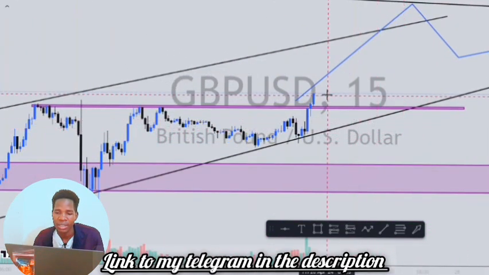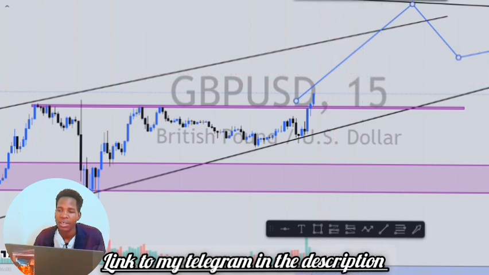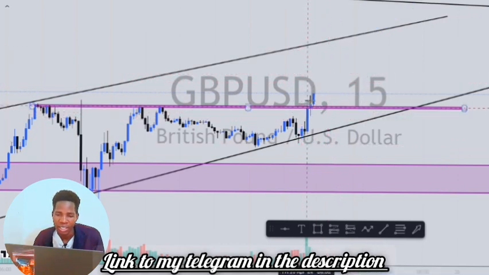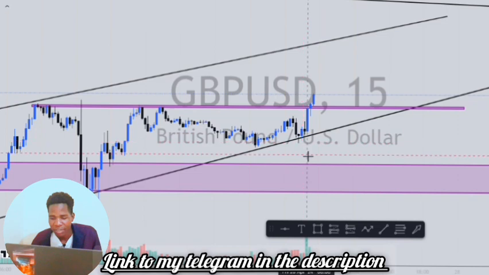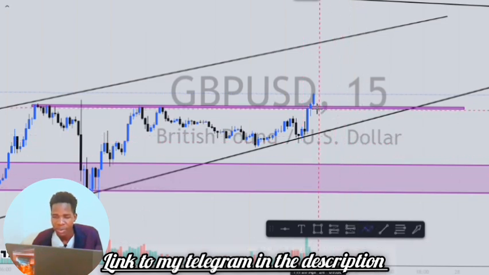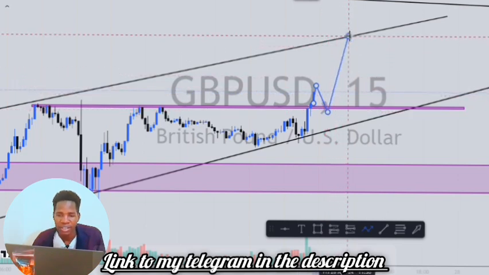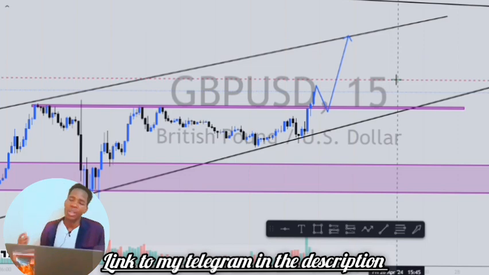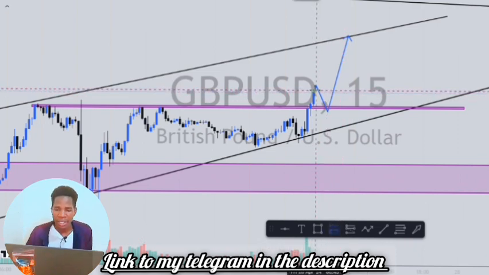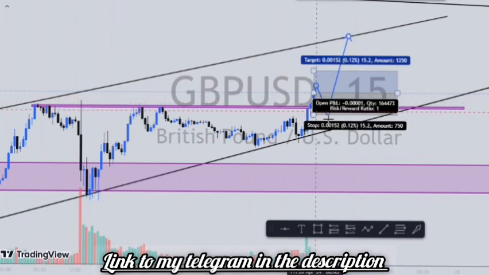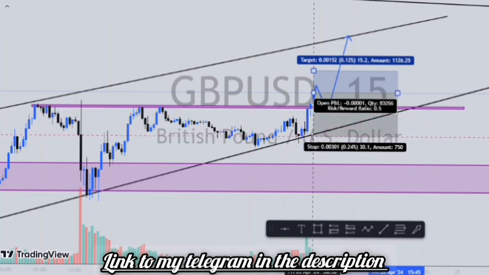As you can see, the market has broken this zone. So what I'm waiting for is for this market to go break and retest. But I can as well go into this market right now and buy it, though my risk will be so big.